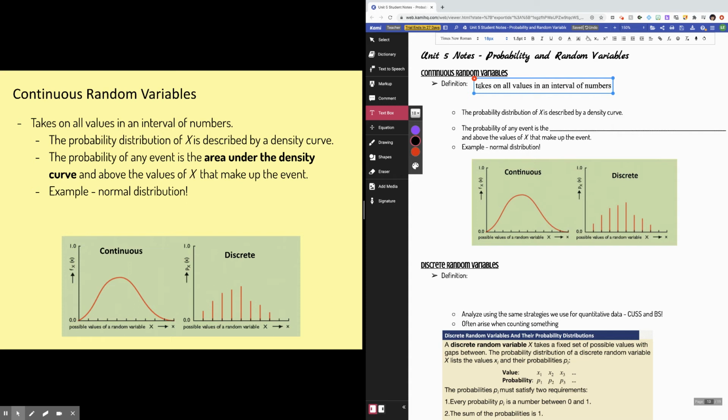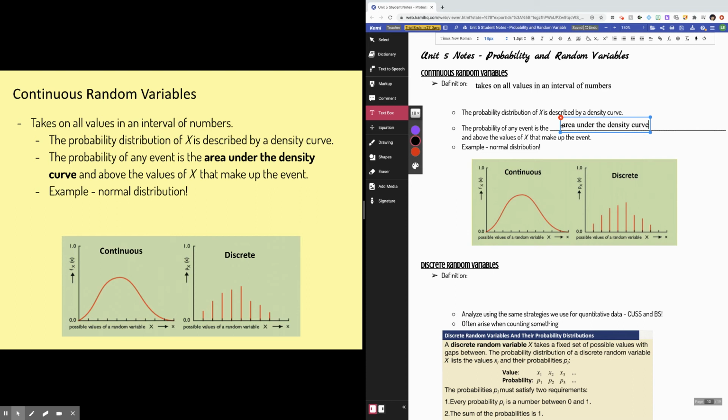Because continuous random variables can take any value in a certain interval, we can't use curves the way that we do with discrete and get actual counts, which means we have to use a density curve. So for a continuous random variable, the probability of any event is the area under the density curve and above the values of x that make up that event.